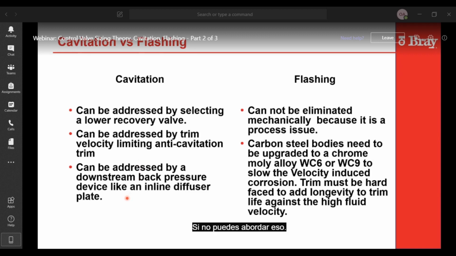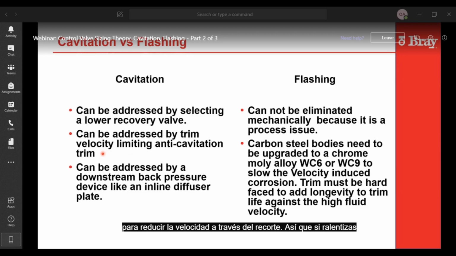If you can't address that by doing those things, then you can go to what's called an anti-cavitation trim, which basically limits the velocity through the trim. The limiting factors typically are using drill holes or turns to slow the velocity through the trim.